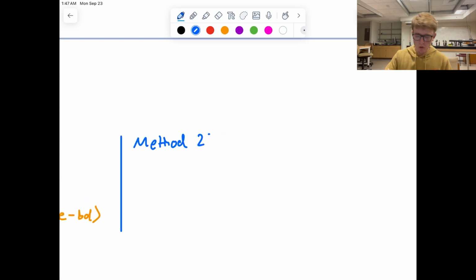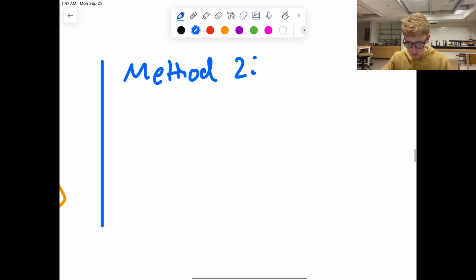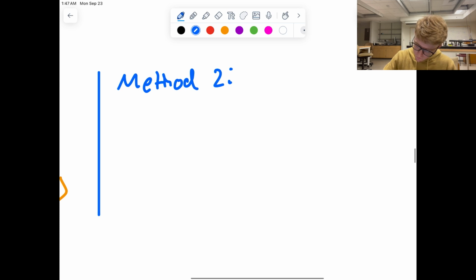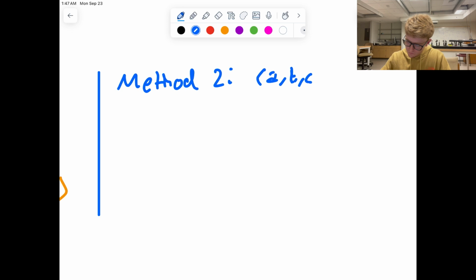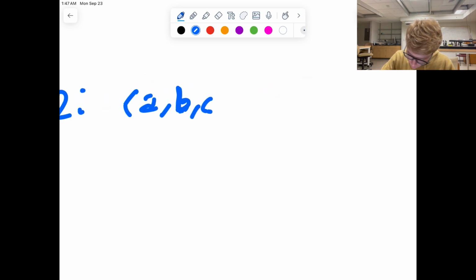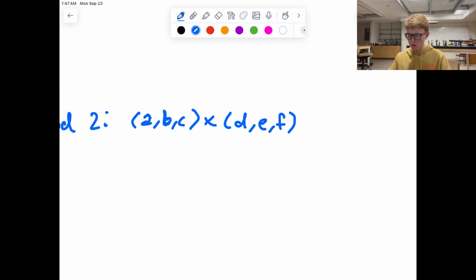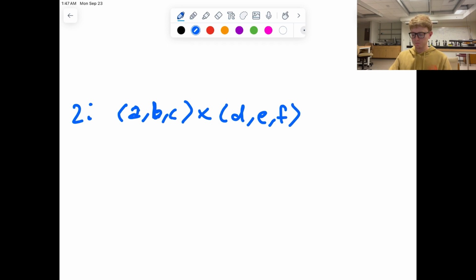This is not my preferred method, but some people like this better. Once again, we have the same thing. We have A, B, C, crossed with D, E, F. Okay, and we want to compute that.